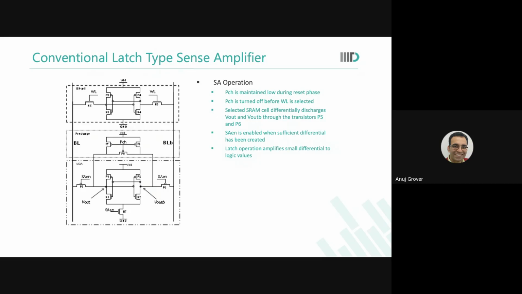So the offset of this sense amplifier would be 5 millivolts. That when one is at 0, other is at -5, then it is not able to resolve. To be able to put one on the other side, I have to put a 5 millivolt thing on that side. Are you able to see this? So this is what is called as offset.